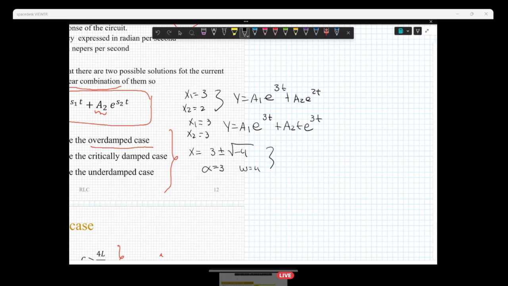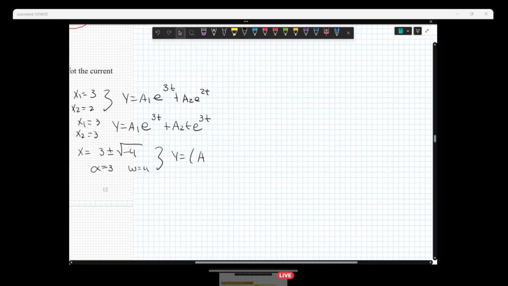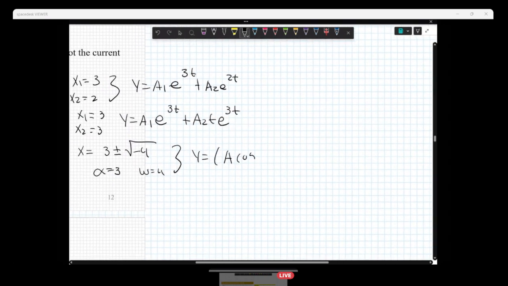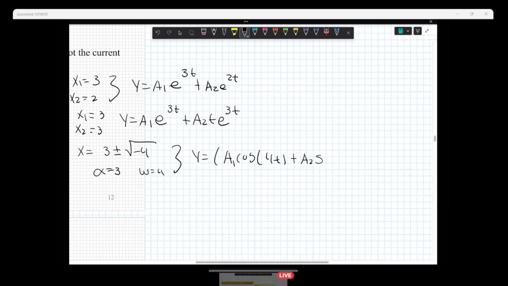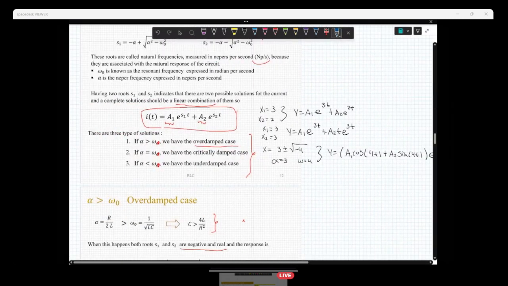So when you write down this solution, it'll be y equals a1 cosine of 4t plus a2 sine of 4t, times e to the 3t. Remember that? That's where these things are coming from, because of the square root.